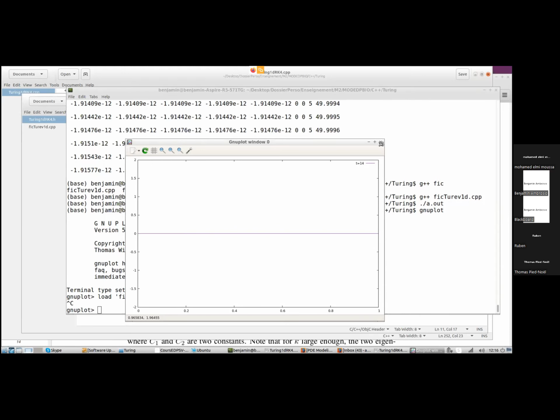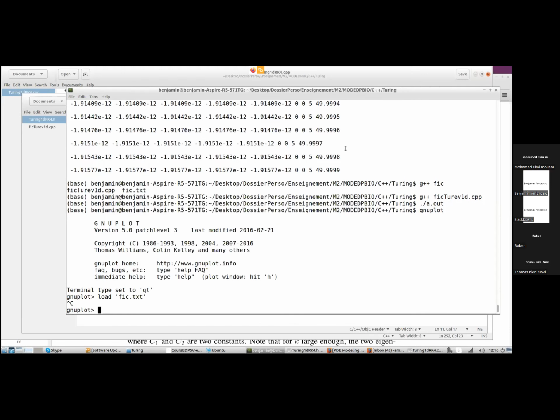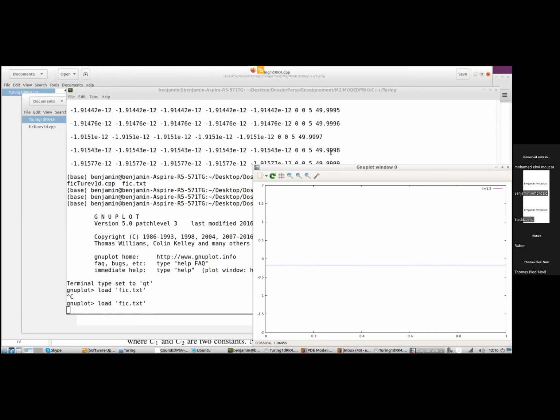Let's do it again. I'm showing you the solution of the PDE. The PDE is defined on 0, 1, and I'm showing u as a function of t. You can see that everything goes to 0.